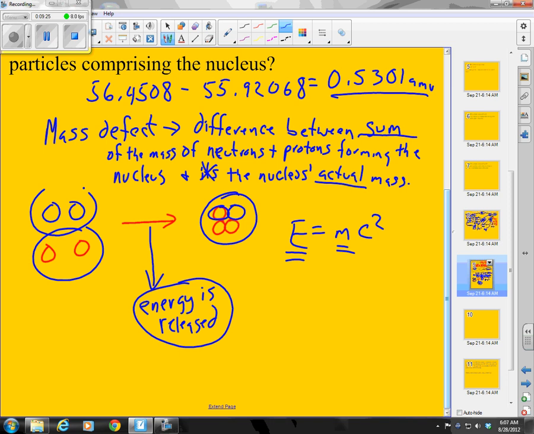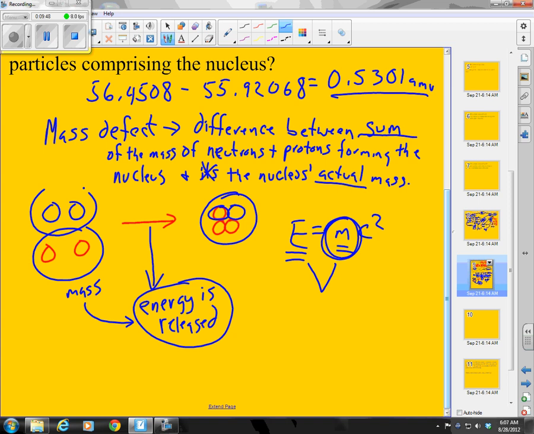What does this really mean? He's saying that energy and mass are the same things, just different forms. So, where did the energy that was released come from? It came from mass. What mass? It came from the mass of these individual particles, which were converted into energy, some energy, and then released.